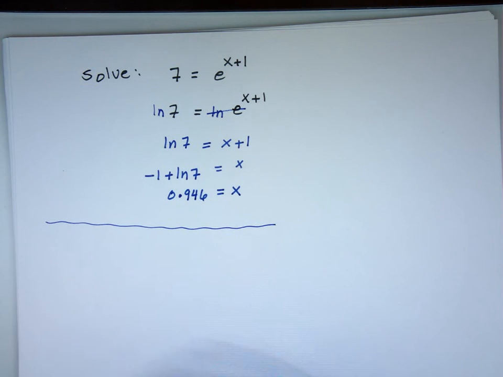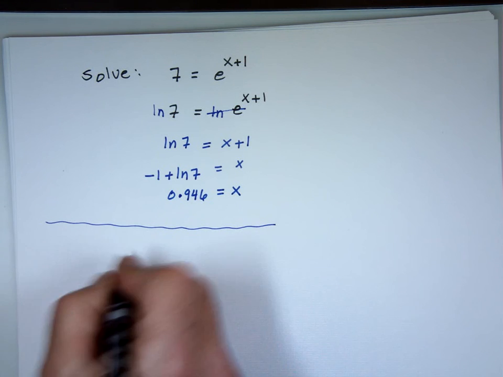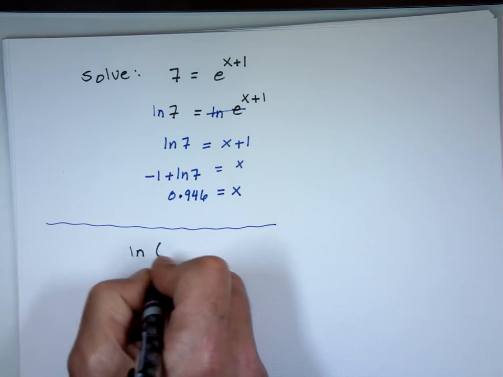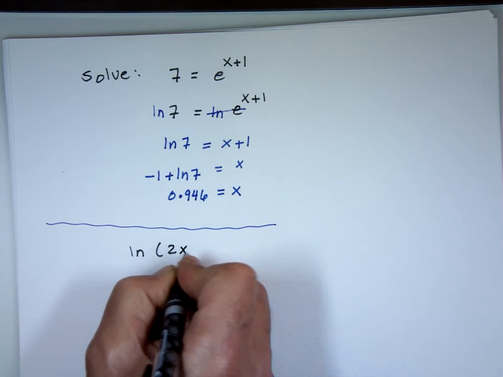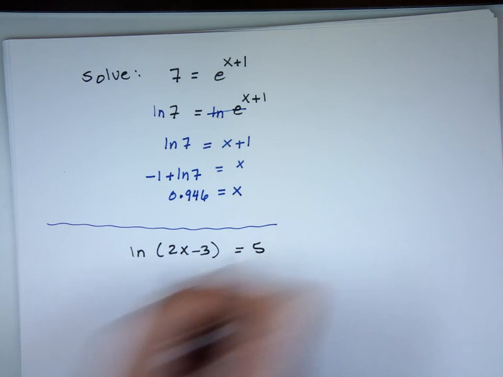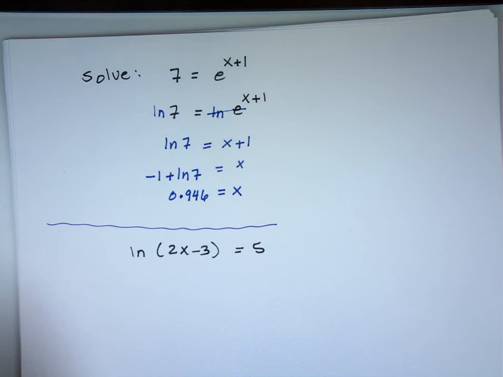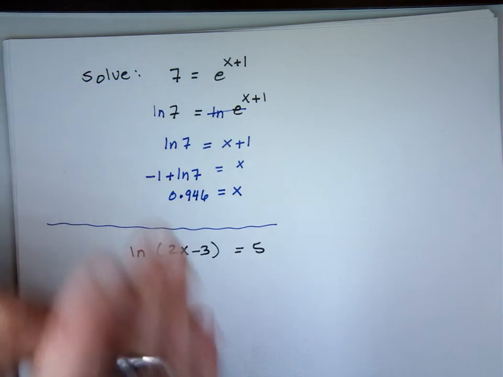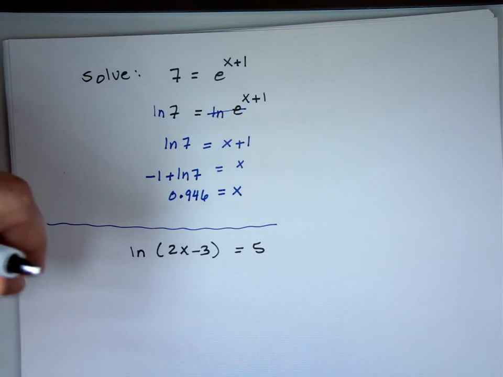One more. The natural log of 2x minus 3 equals 5. Solve it for x. I have the natural log. How do you get rid of the natural log? e to the power.